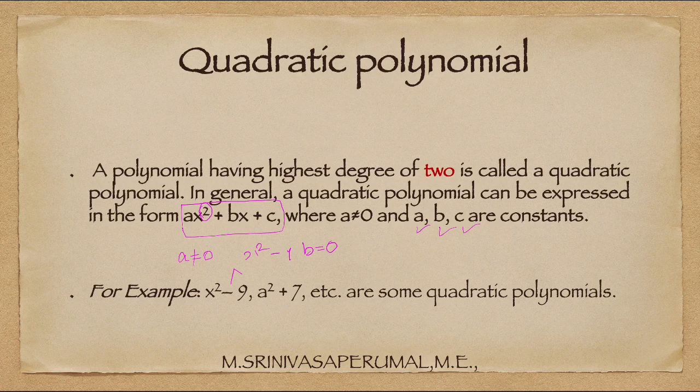Then the value of c, comparing to the general form, c is equal to minus 9. Then next one, a square plus 7 where a is a variable, the same concept. Comparing to the general form, the value of a is 1, the value of b is equal to 0, and the constant value is the c value.